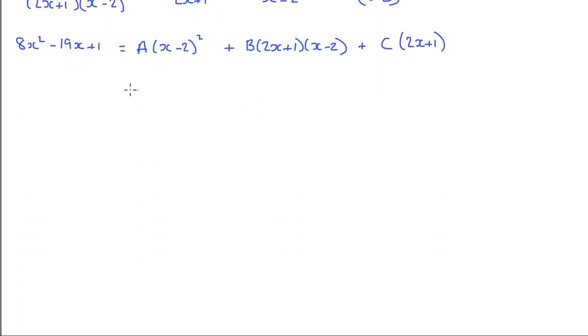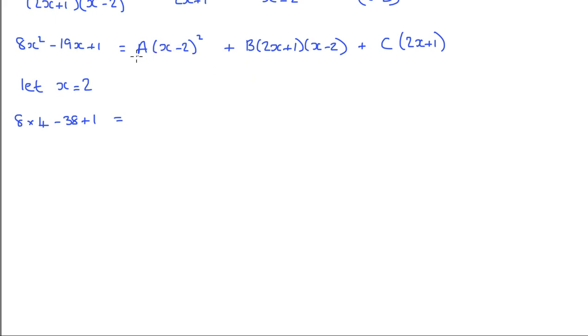Again, we're now going to choose sensible values of x that will eliminate or make some of these terms disappear. The first one is going to be x equals 2. And if you substitute that into here, we're going to have 8 lots of 4 minus 38 plus 1. I'll work that out in a second.